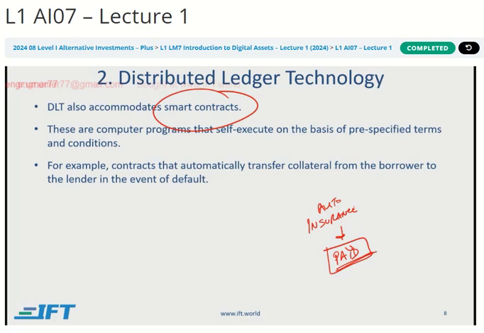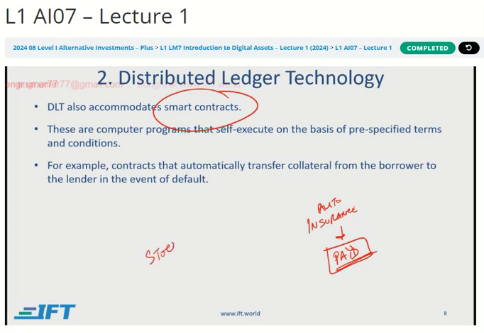And something which we're going to talk about a little bit later is how we can use this technology to not just create digital assets, but also tokens that can be used to trade other types of assets like real estate or companies.